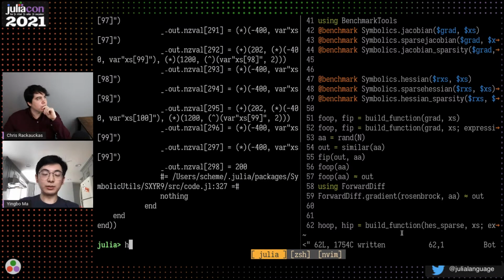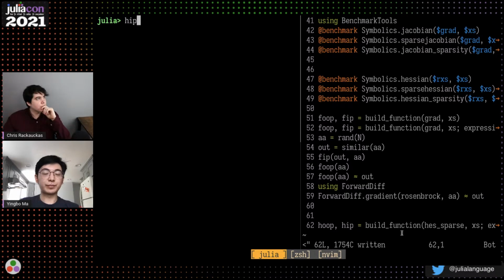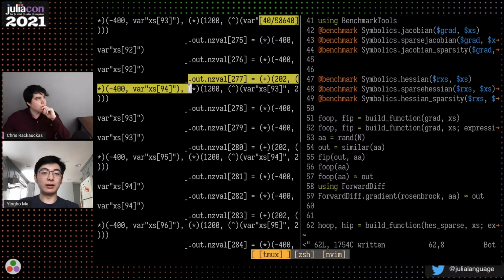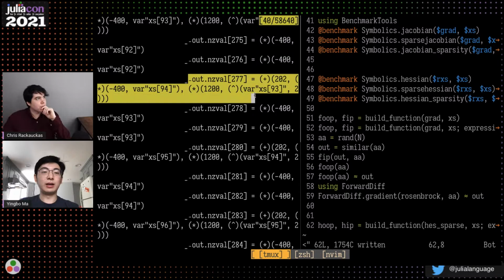Yeah, so take a note in the in-place version of this function. You can see that we are only filling the non-zero entries of the sparse matrix.